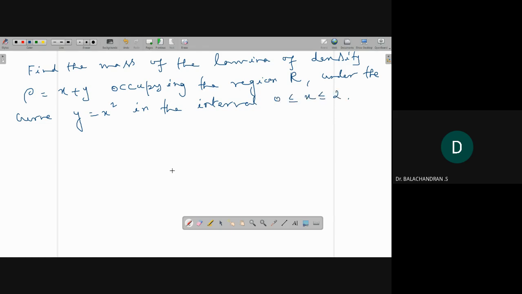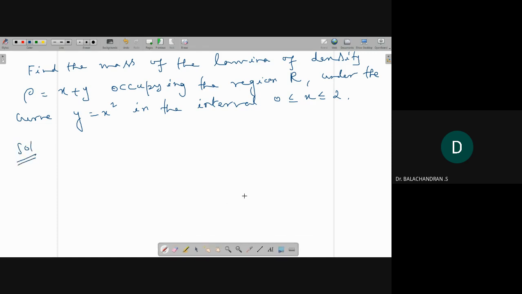I think I gave the diagram also. So anybody got the answer for this problem?